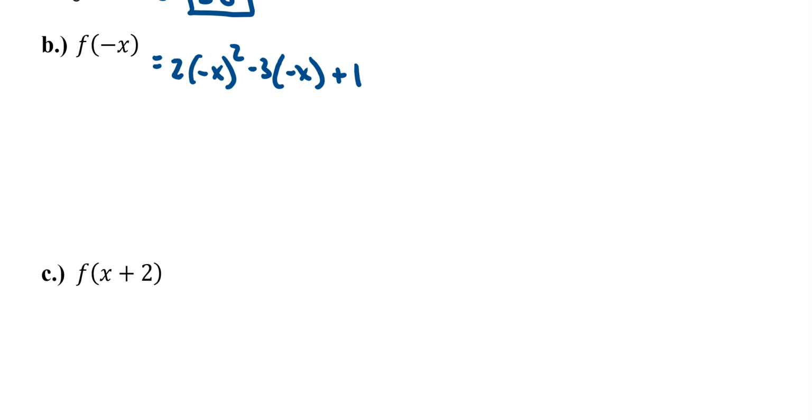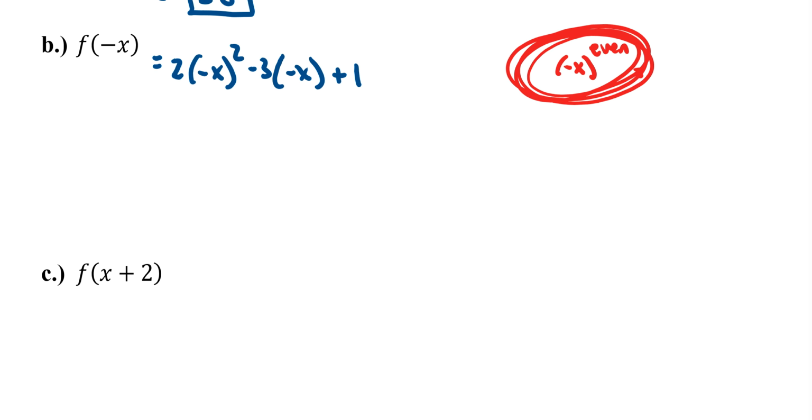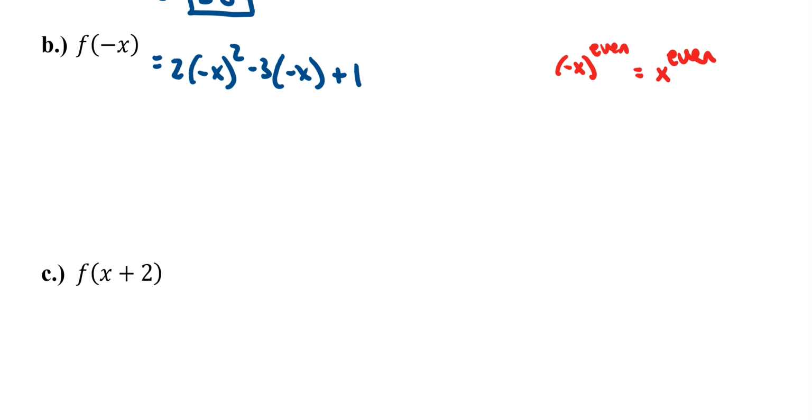So the trick for this one, there's a nice little shortcut to remember, is if you have a negative value to an even exponent, a negative times a negative is positive. So with an even exponent, they're all going to pair up. The bases are going to pair up, making it positive. So long story short, a negative raised to an even exponent will become positive.